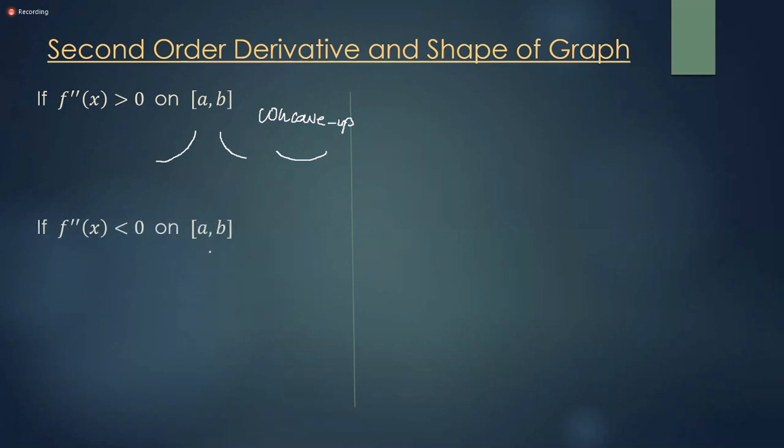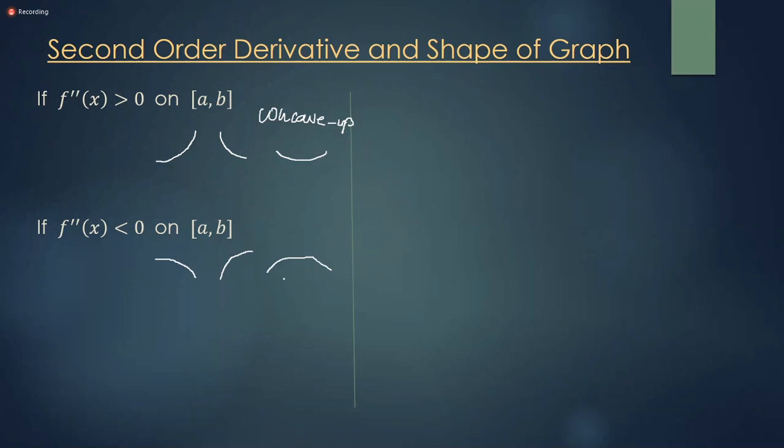And then if the second order derivative is less than 0, negative on some segment, then we had the cavity going downwards. So it could be decreasing, could be increasing, could be both.